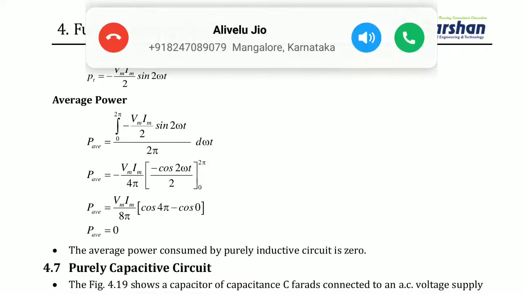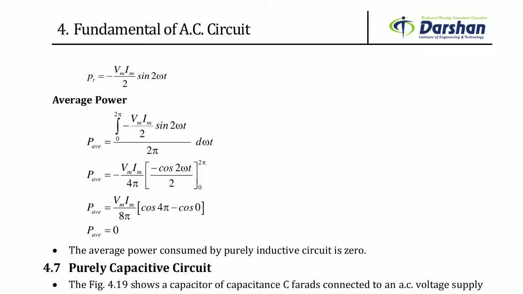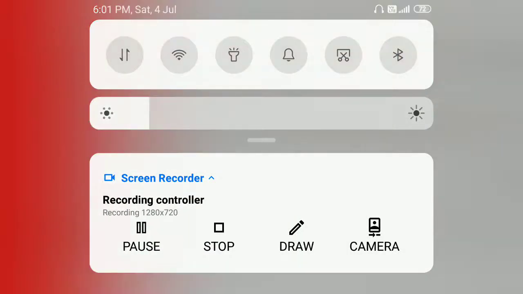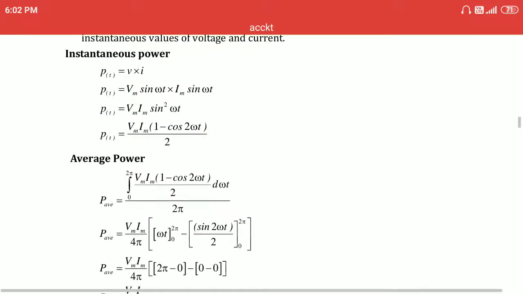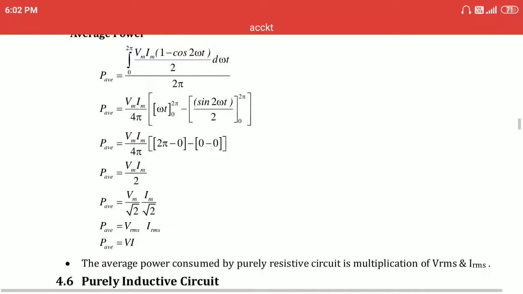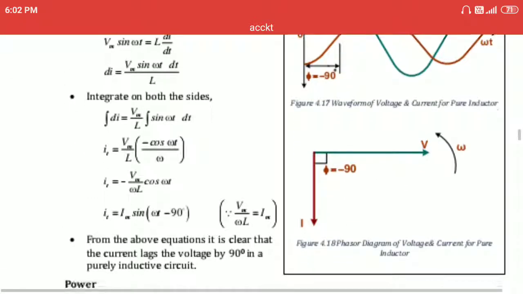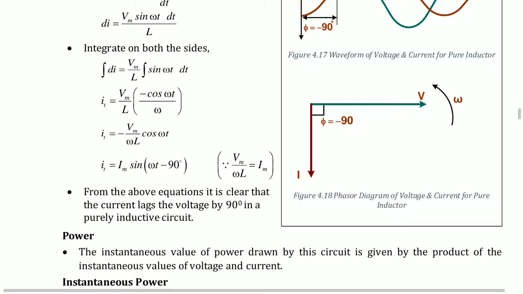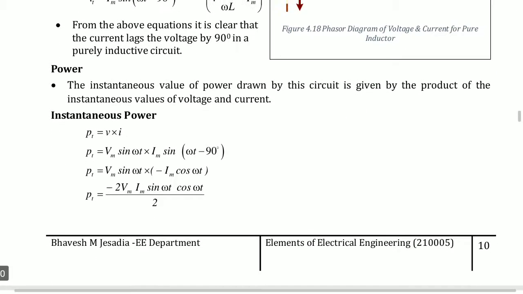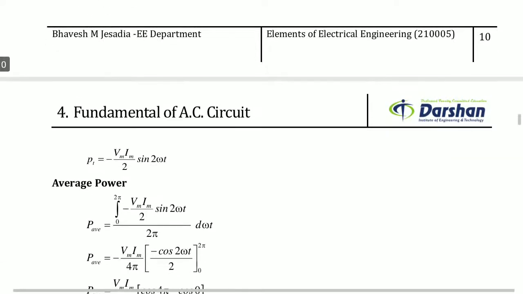So the instantaneous power is minus Vm Im by 2 sin 2 omega t.